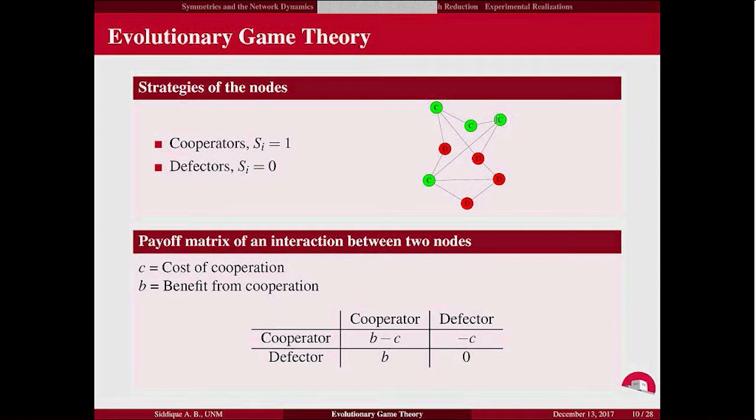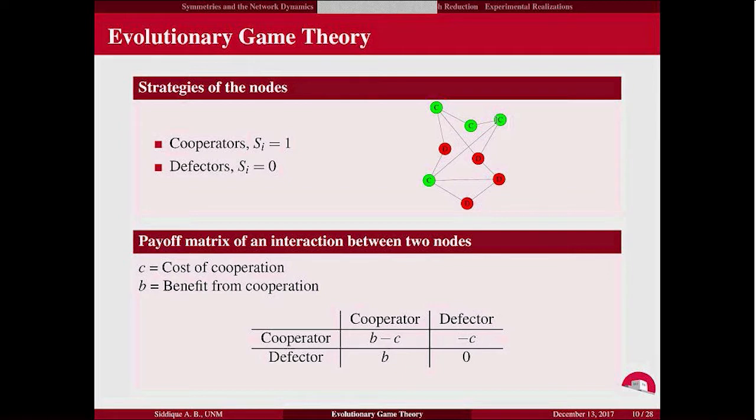When a cooperator is connected to a cooperator, the payoff is B minus C, and for a cooperator connected to a defector it is minus C. When a defector is connected to a cooperator, it just receives the benefit B because a defector doesn't pay anything, and the payoff between two defectors is just zero.